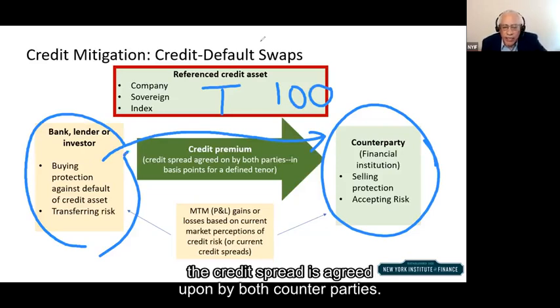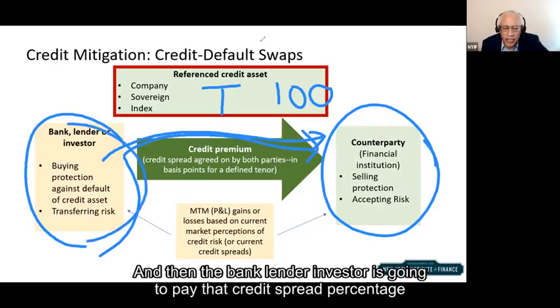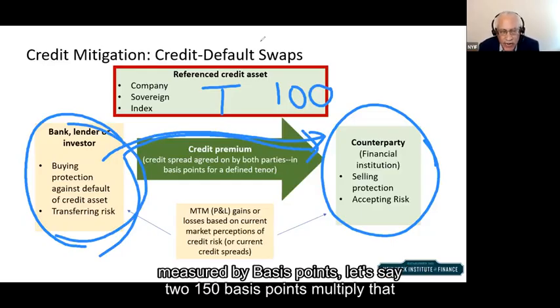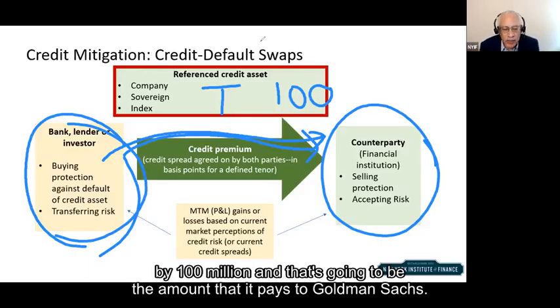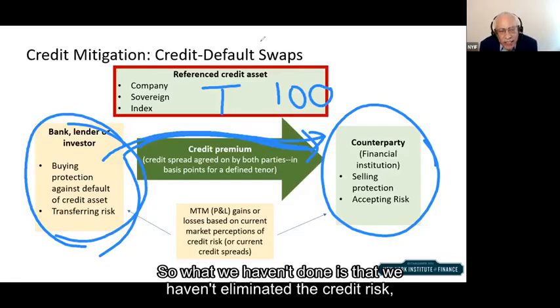And the credit spread is agreed upon by both counterparties. And then the bank lender investor is going to pay that credit spread percentage measured by basis points, let's say 250 basis points, multiplied by 100 million, and that's going to be the amount that it pays to Goldman Sachs. So what we haven't done is eliminate the credit risk.